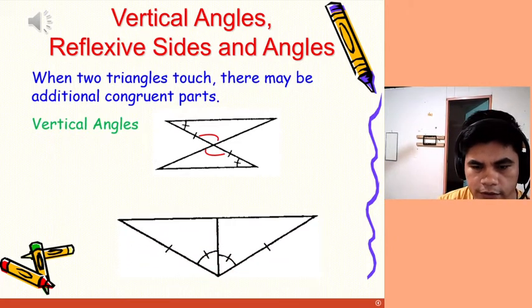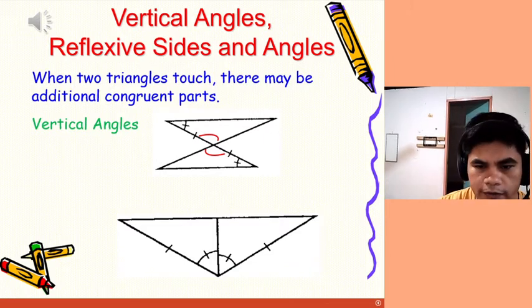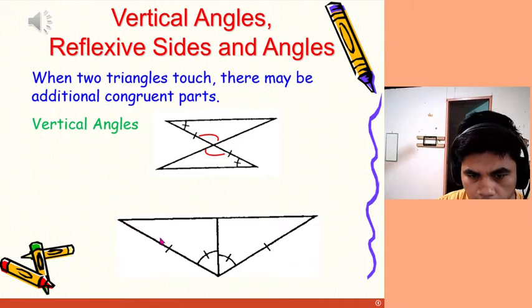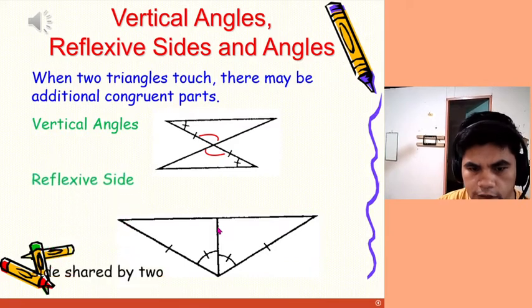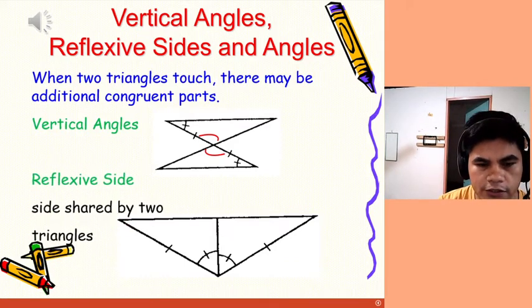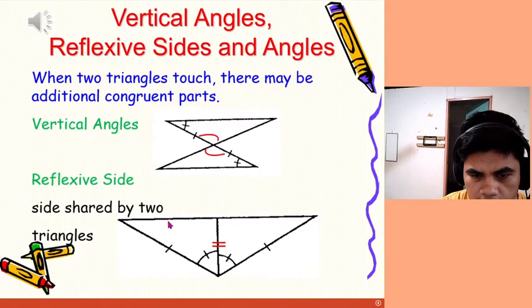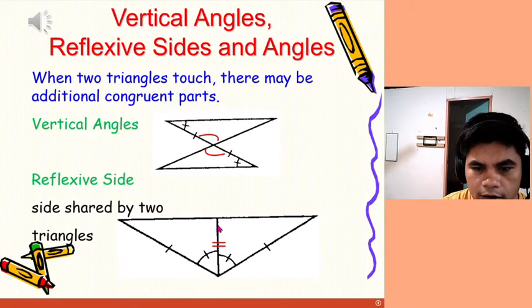Now, how about this? What do you think is common, or equal, or congruent in these two triangles? Of course, they have a reflexive side, or they share the same side. What side is that? That side. If we separate these two triangles, they have the same side, and the same side is congruent.